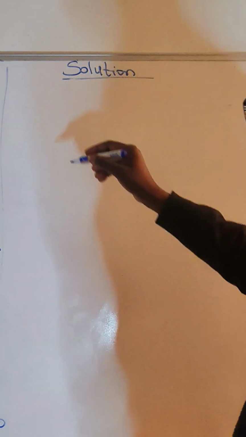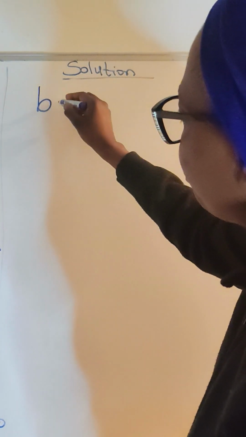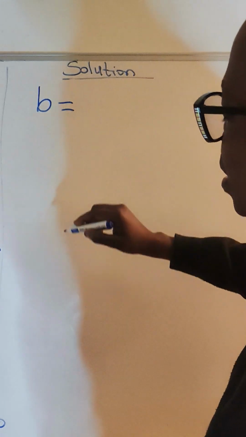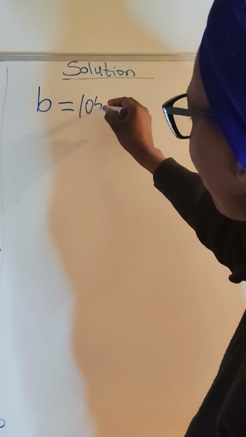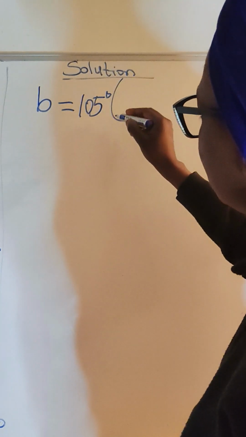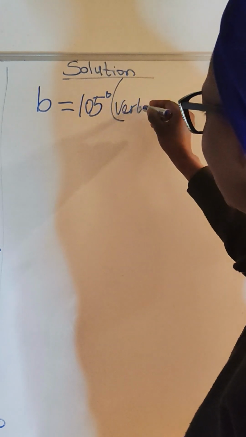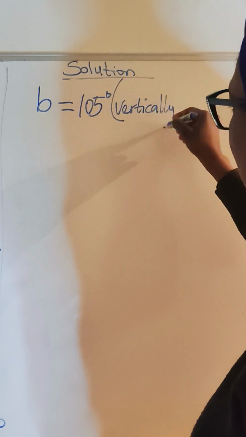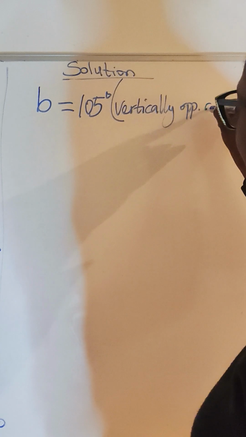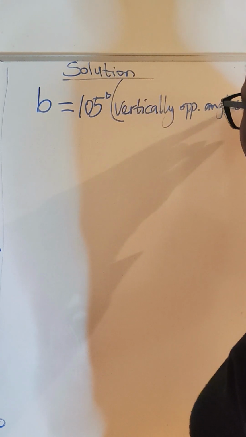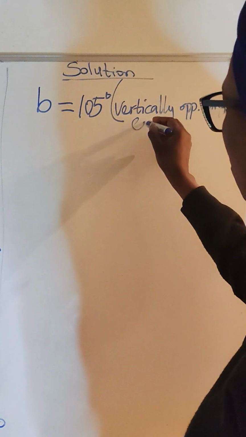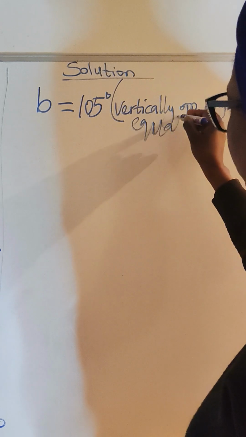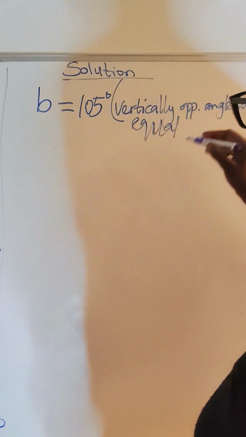I want to try to write the lettered angles out, starting from angle B. Angle B is 105 degrees because vertically opposite angles are equal.